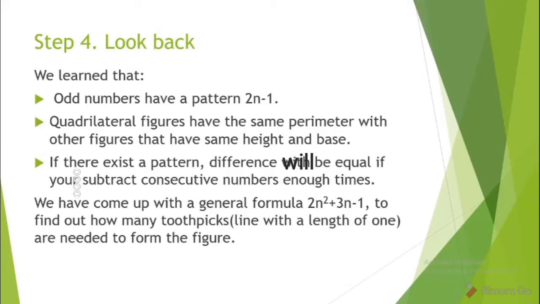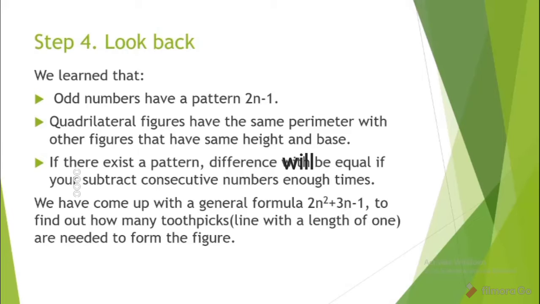So, step 4, look back. We have learned that, nasagutan na natin lahat. We have learned that odd numbers have a pattern of 2n minus 1 sa ating question 2. And quadrilateral figures have the same perimeter with other figures that have the same base and height.